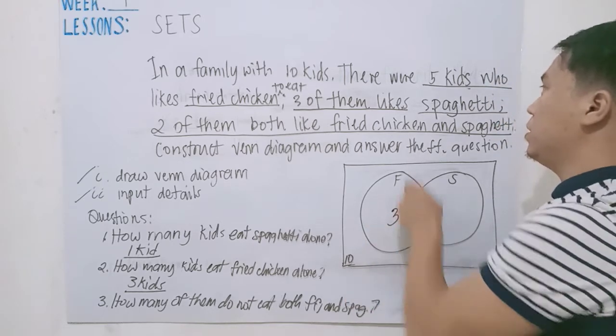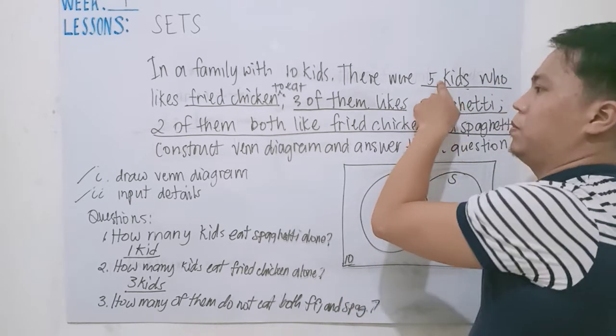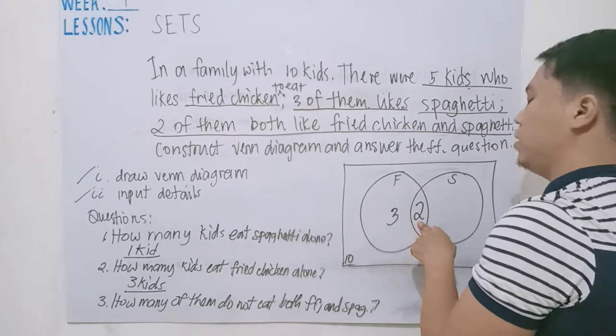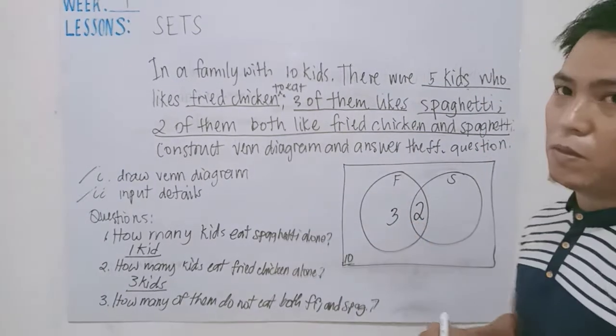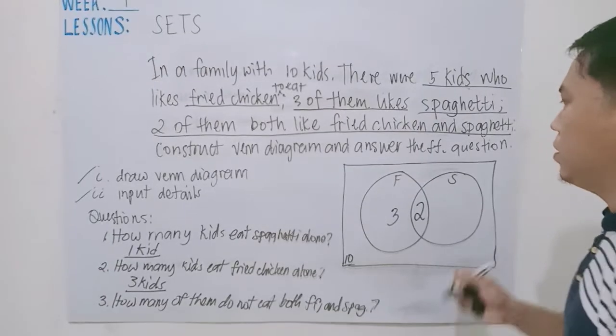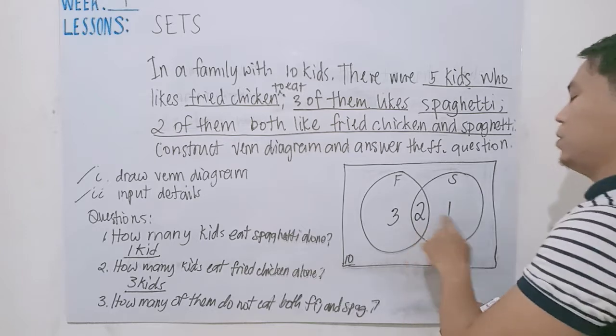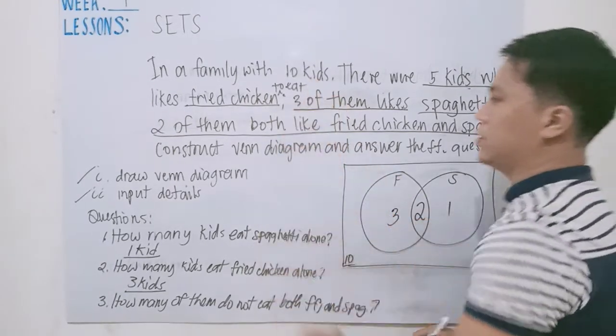Because 3 plus 2 is 5. And 2 is given here, so the remaining number of kids who like to eat spaghetti is only 1. Why? 2 plus 1 is 3.